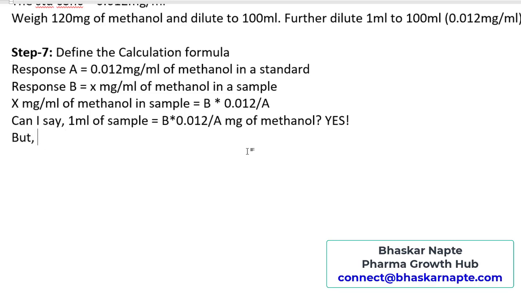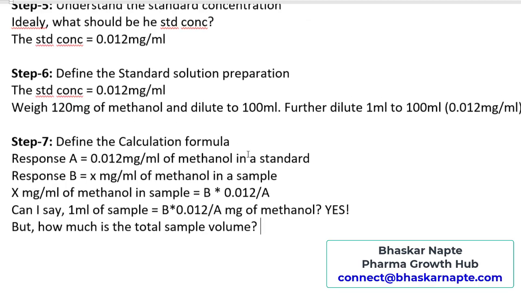how much is the total sample volume prepared? If 1 ml contains B into 0.012 divided by A mg of methanol, what should be the content of methanol in a total sample volume?